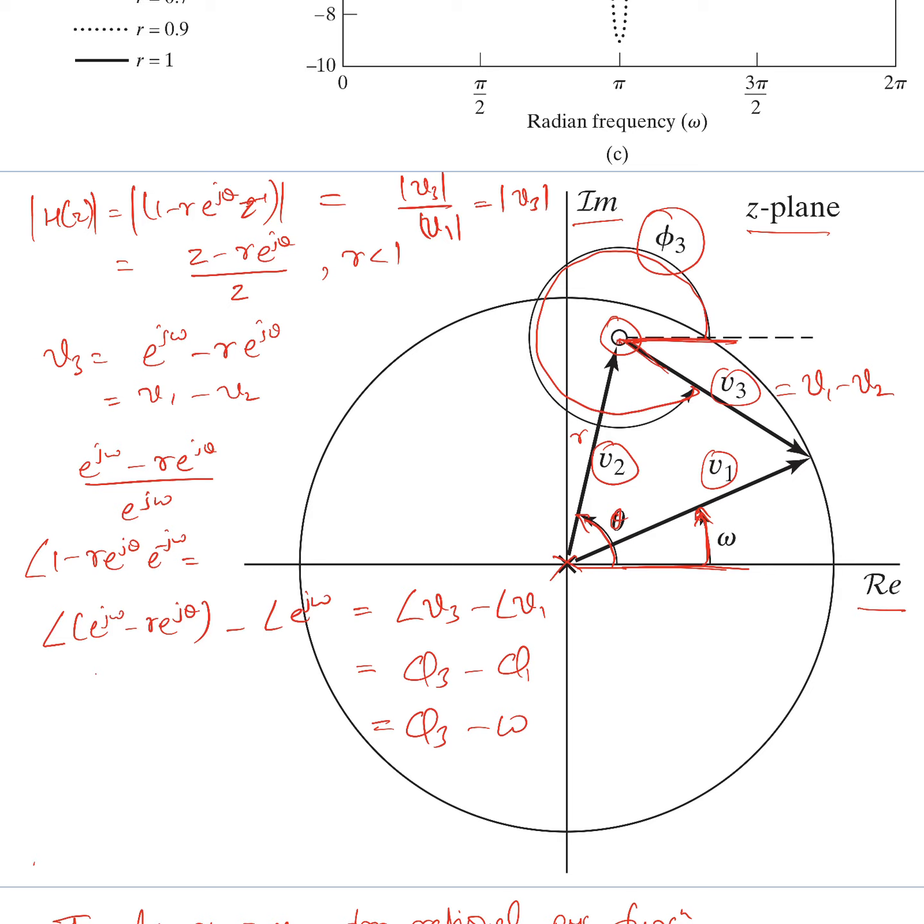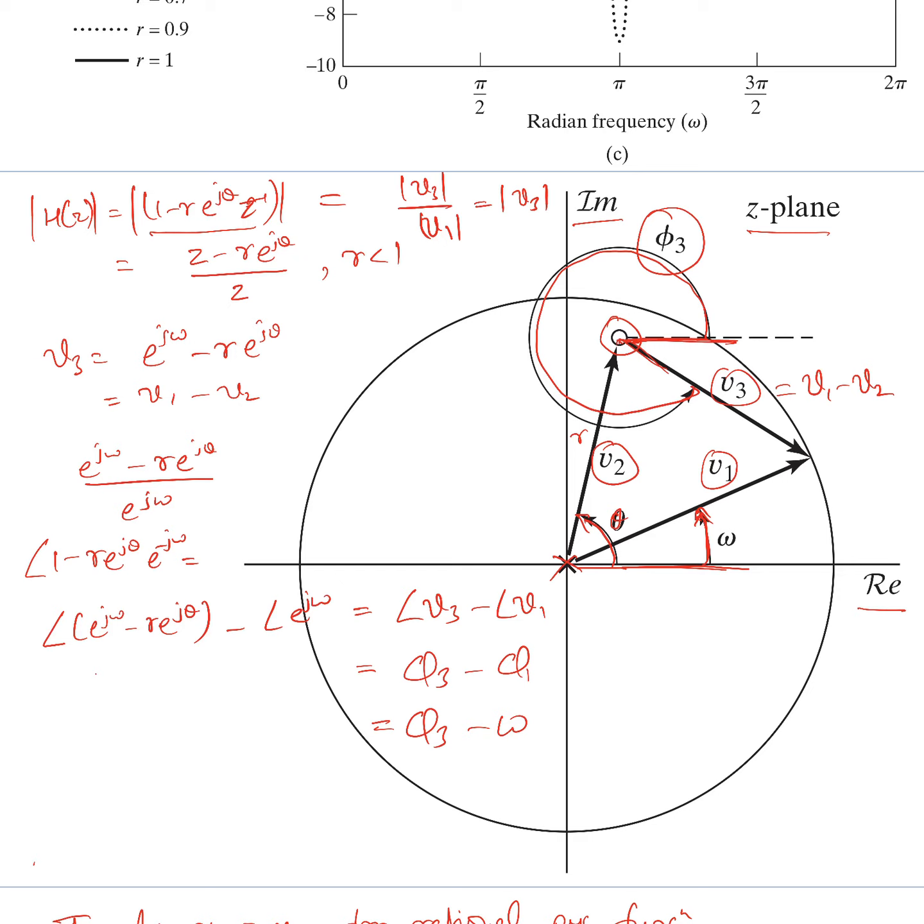Therefore the contribution of a single factor, 1 minus r e to the power j theta z inverse, to the magnitude function at frequency omega is the length of the vector v3 from the zero to the point z equal to e to the power j omega on the unit circle. Note that this vector v3 has a minimum length when omega is equal to theta, right?